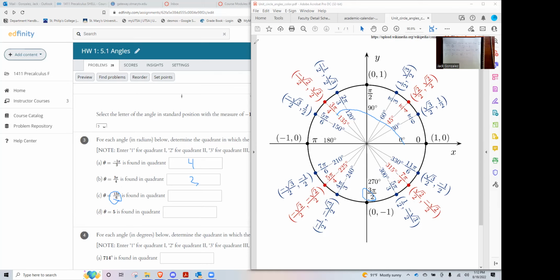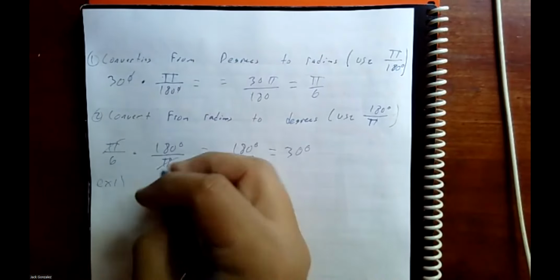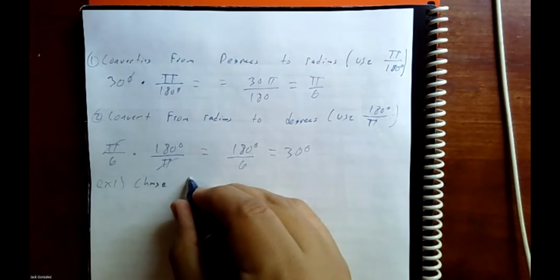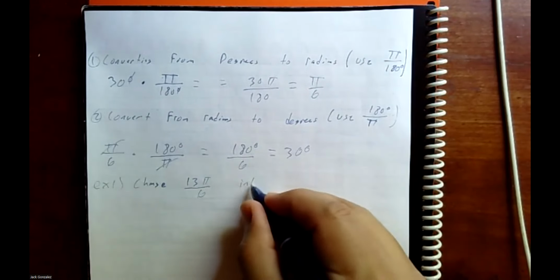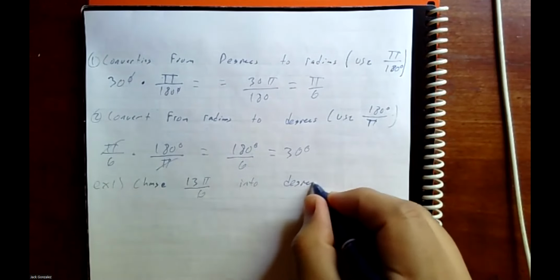Let's use 13 pi over 6 as our first example on paper. Change 13 pi over 6 into degrees.